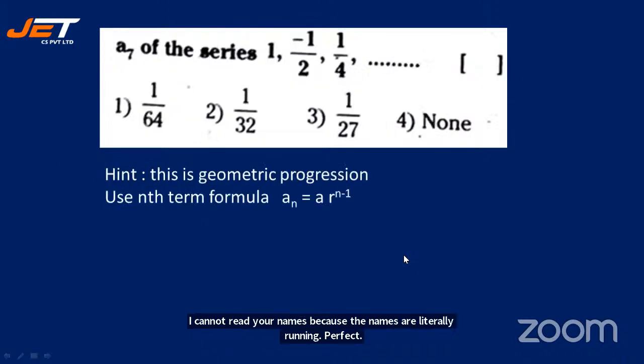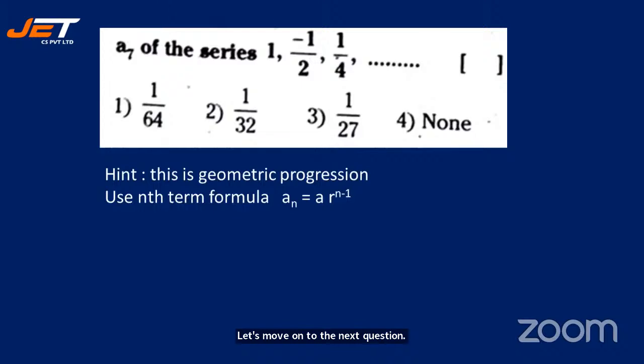All right. A7 of the series 1, -1/2, 1/4, and so on is dash. What is A7? So here, see, there is a clue that is given to you. There's a hint that's given to you. This is a GP, a geometric progression. So you need to use the nth term formula. a_n is equal to a r to the power n minus 1.